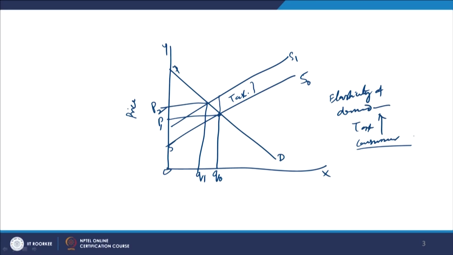But if elasticity of demand is more elastic, then what happens is that if the company tries to shift the pollution tax onto consumers by raising the price, demand will come down drastically. When demand comes down, it will also affect the revenue position of the company.